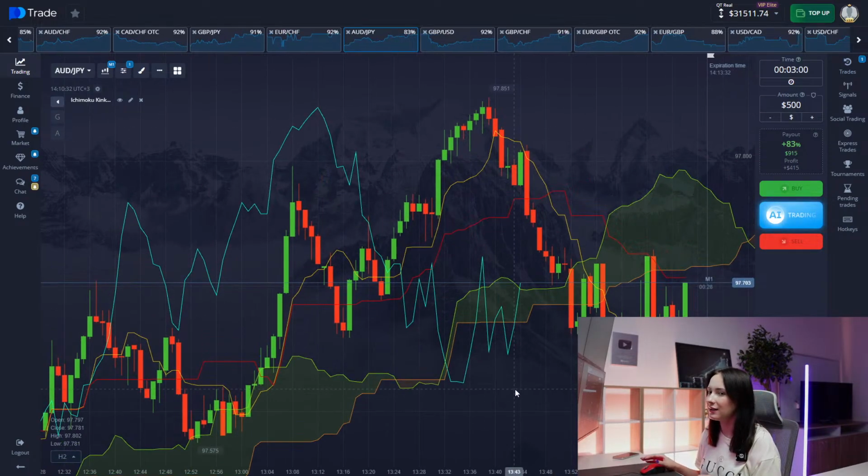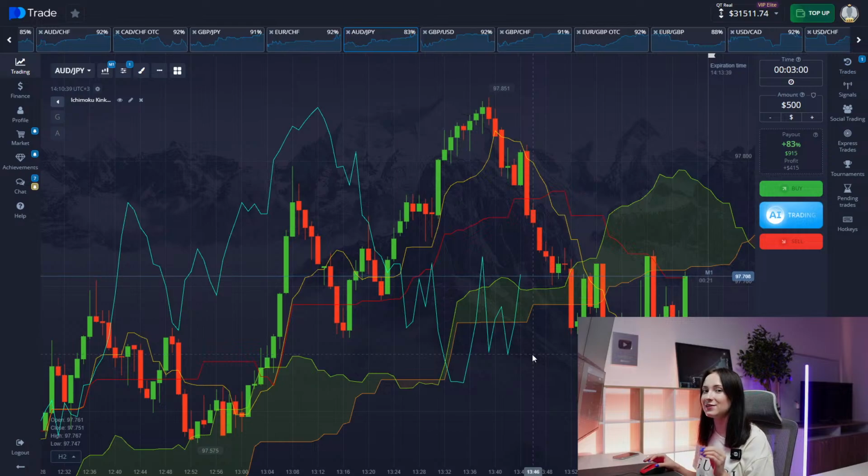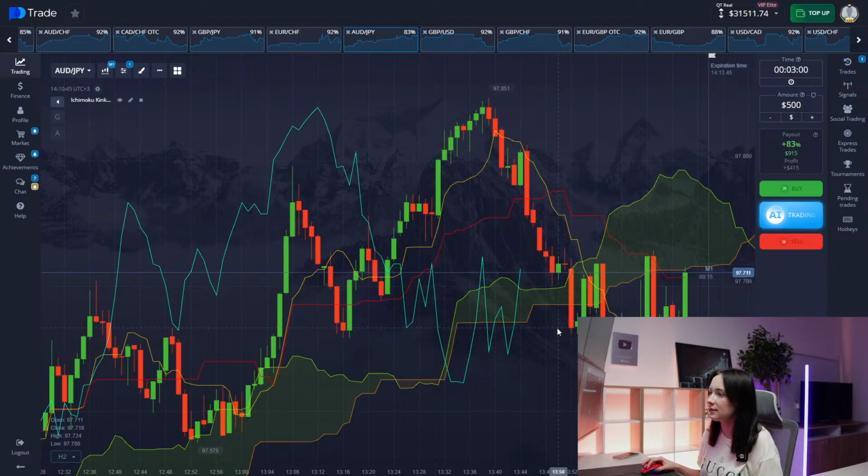Okay, so it's a new part of the stream. Last stream I just told you a little theory, and today, as I promised, it's practical time. So with Ichimoku, when you see a currency pair chart, first of all you identify the position of the main currency pair chart relative to the cloud.